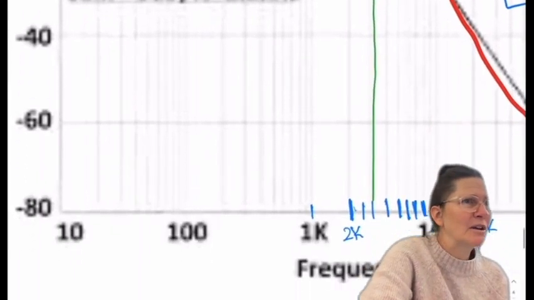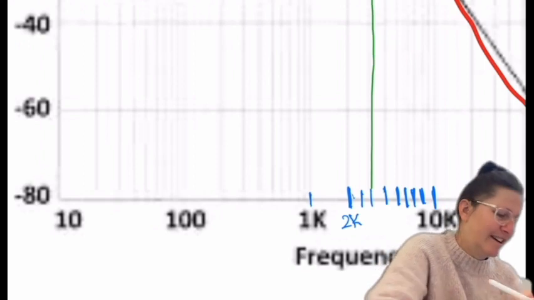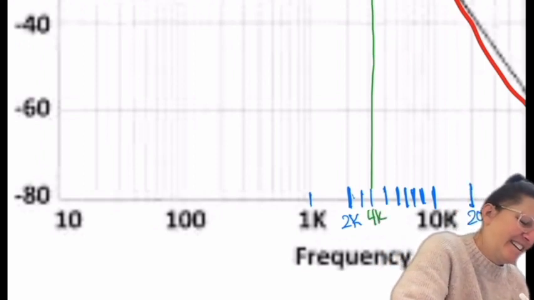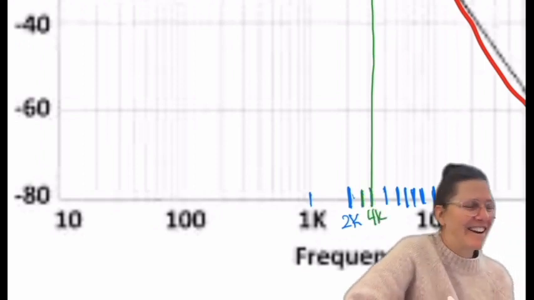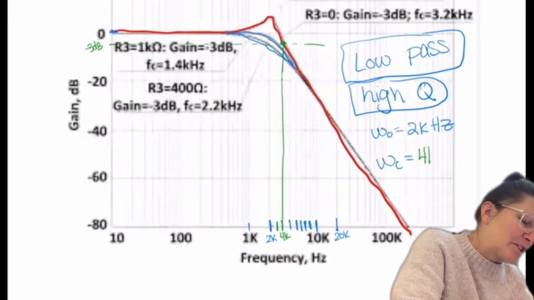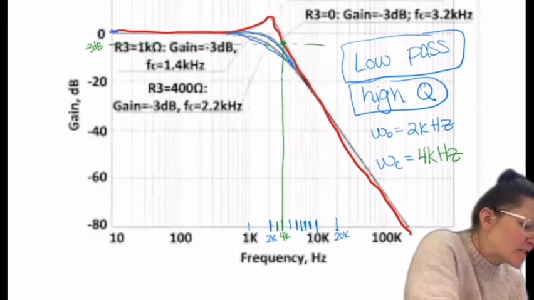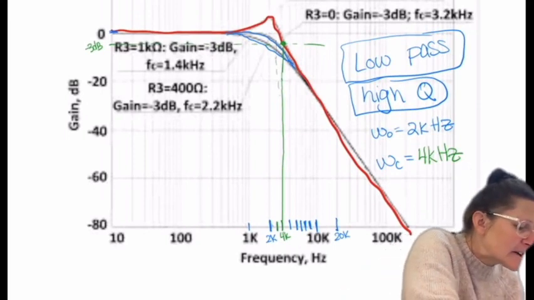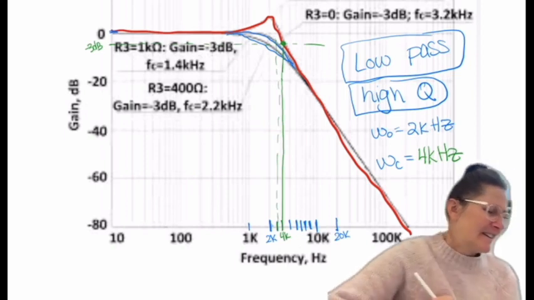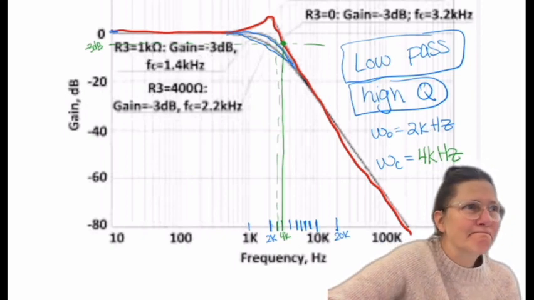What one will that one be? 3K. I think it's 4K. Two marks. I know. As I said, I'll make this more obvious, but 4K hertz. There's a little line in here. There's another line in here. Okay, questions on this one?